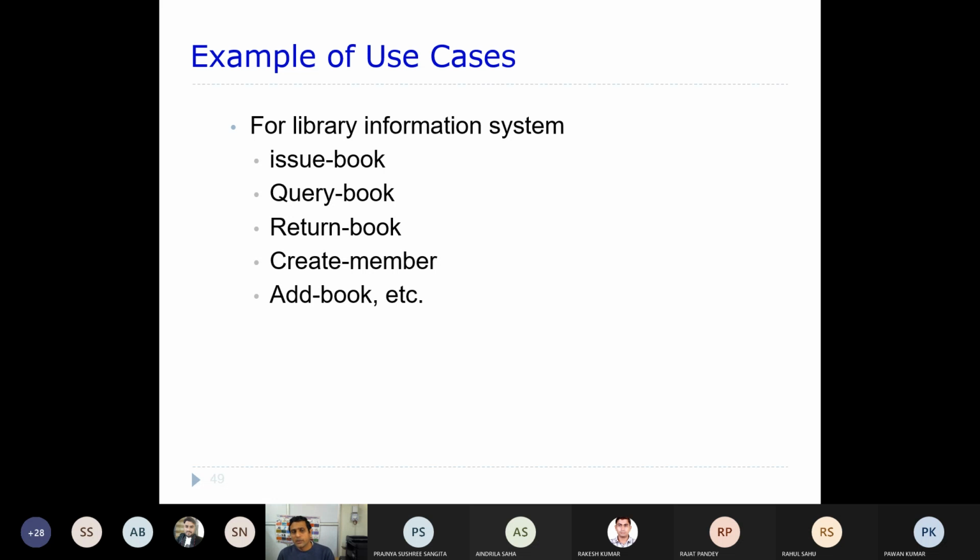These are examples of use cases for a library information system. Is it clear?